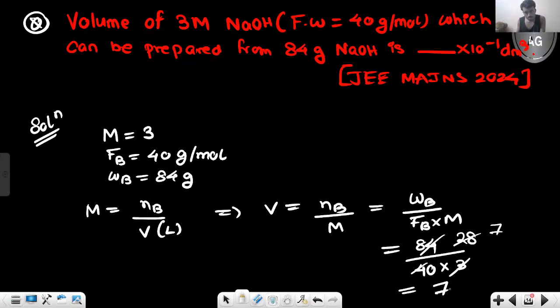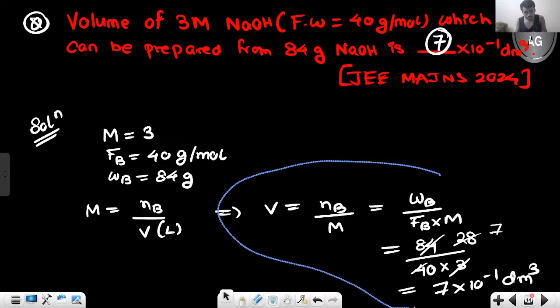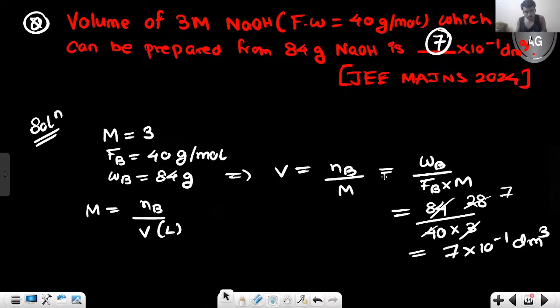So the answer is going to be 7 into 10 to the power minus 1 dm cube. Absolutely correct. The answer is 7. Correct. Good. Understood?